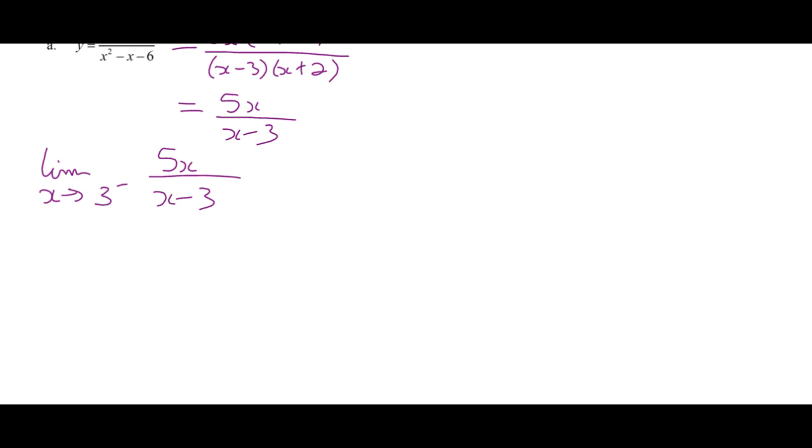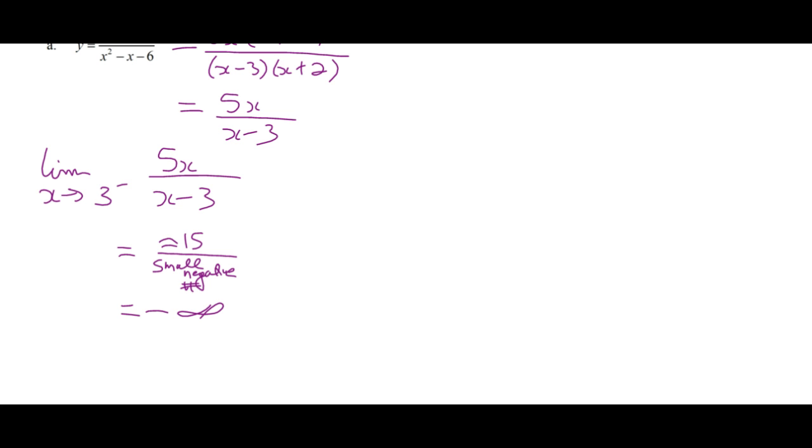So we've got 15-ish, so about 15, over a small negative number. So what's that going to give us? A really, really large negative number, which we will call negative infinity. Okay, so that's negative infinity.